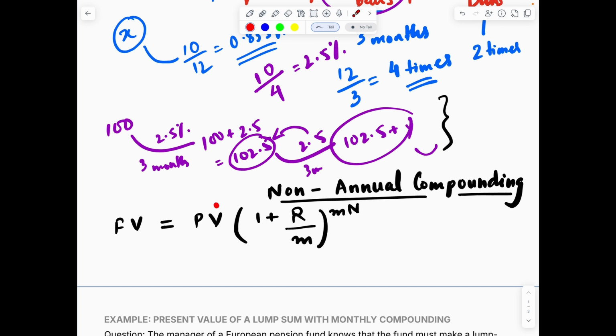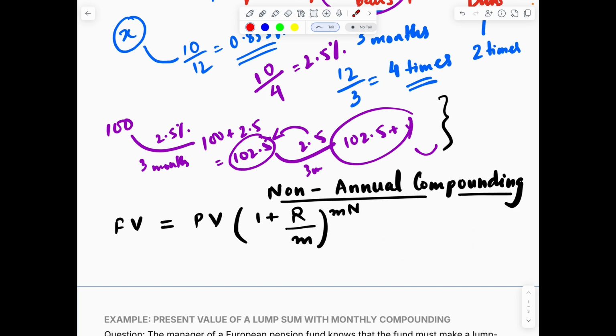In our case, present value is 100. Here R is the rate of interest, or interest rate per annum.